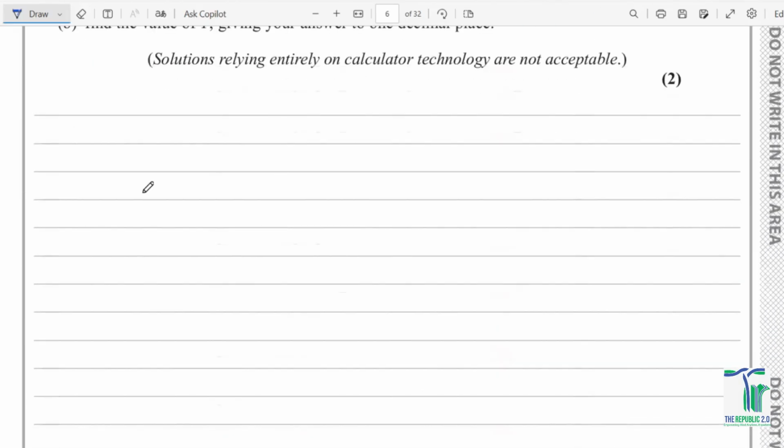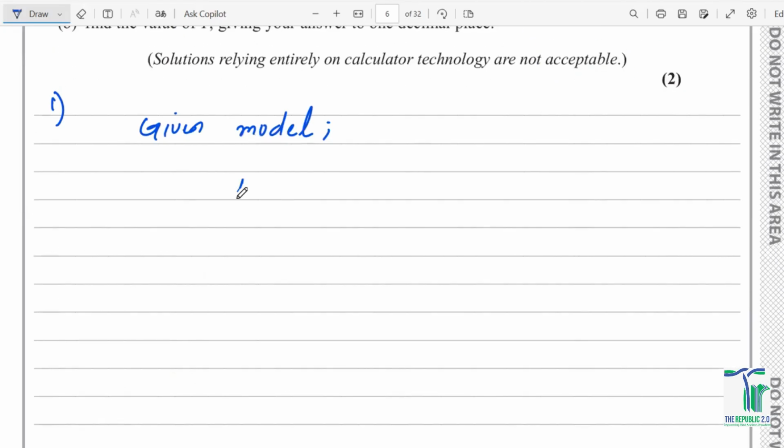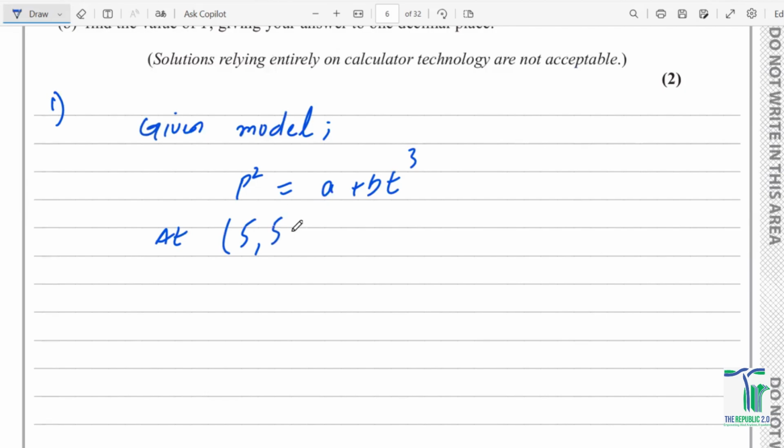So the part number 1, first of all, the given model. We've got the given model, and that is P squared is equals to A plus B t cubed, right? So at the first point, which was 5 years, and if I'm not wrong, 58,000. 5 and 58,000.